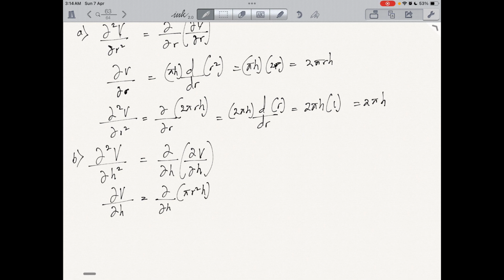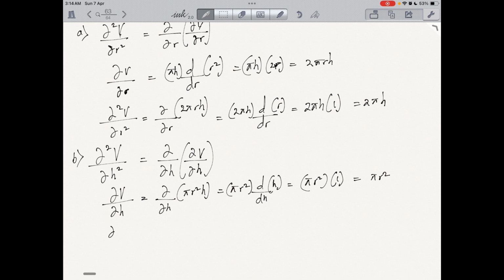Since we are differentiating partially with respect to h, all other things are kept constant, and that will give us pi r squared, and then we are differentiating fully with respect to h of h, and this is pi r squared multiplied by 1, and this will give us pi r squared.